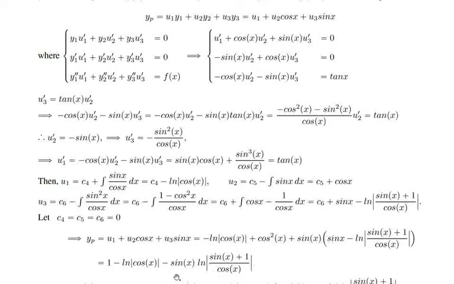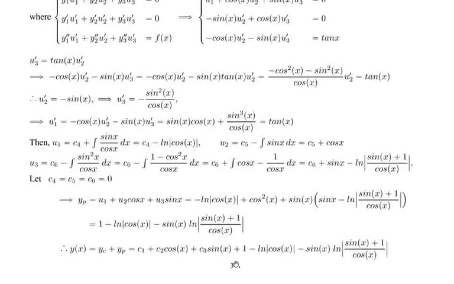So we're going to get the following form: 1 minus ln of absolute value of cosine x minus sine x times ln of absolute value of secant x plus tan x, or you can write it as sine x plus 1 over cosine x. So we have found the particular solution.